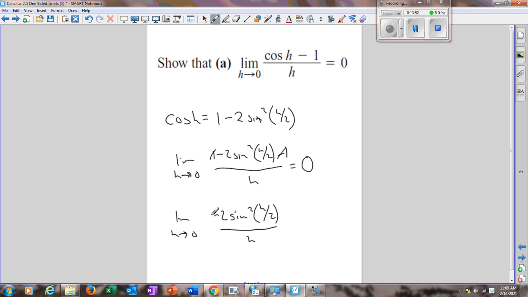So now to get rid of this 2 in the top, I'm going to divide both the top and bottom by 2.